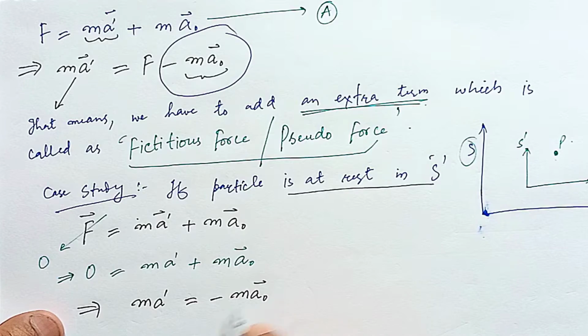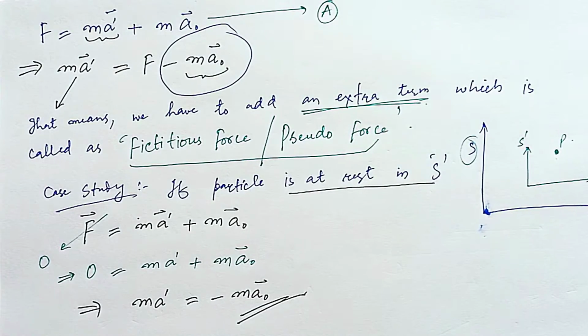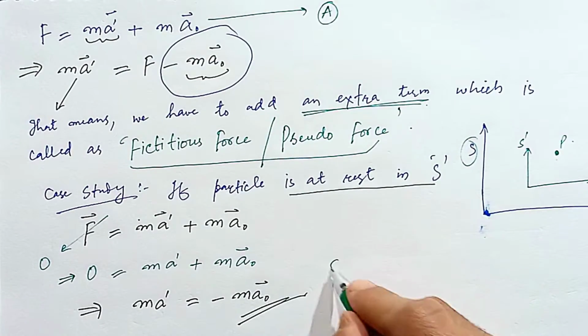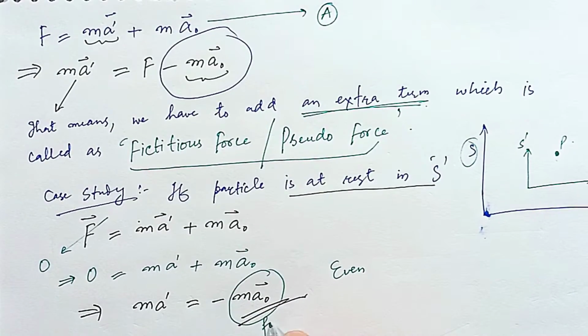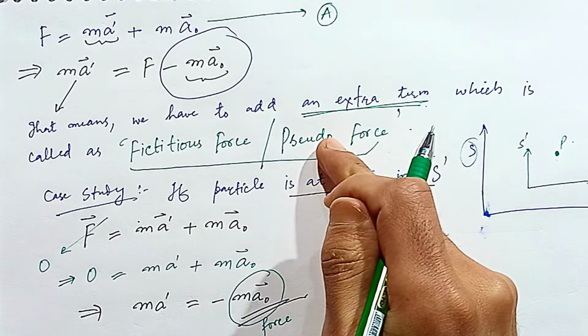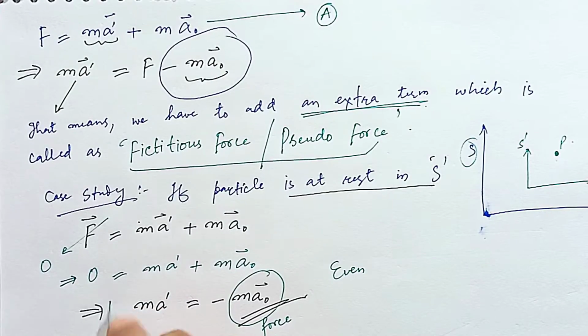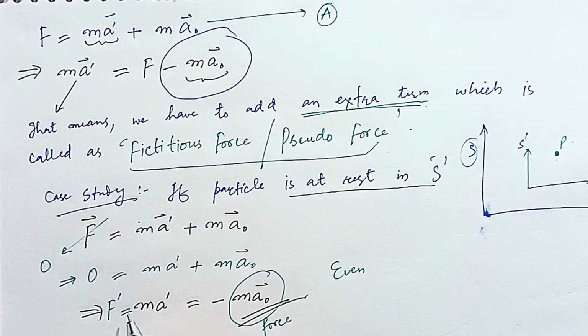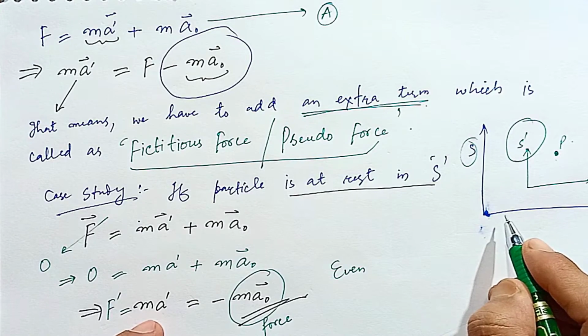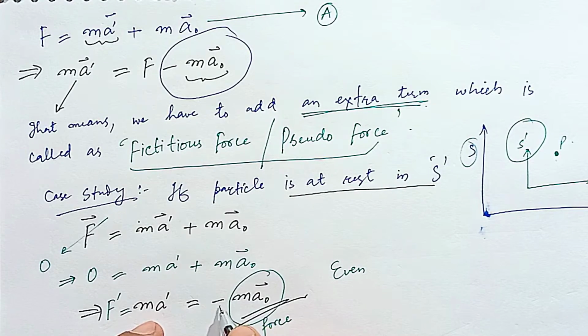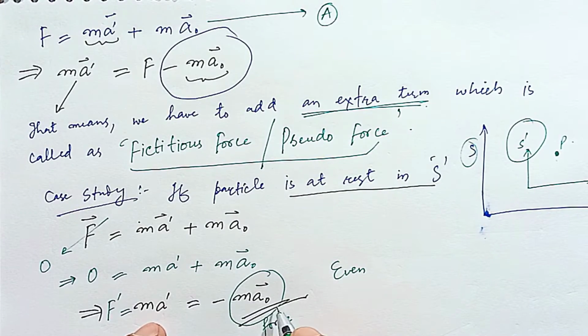Okay, this is simple. Here m times a is the force, and this is the pseudo-force, which we will represent as F prime, the force experienced by that body in the frame of reference S prime. That is, m times a prime will be equal to minus m times a naught.